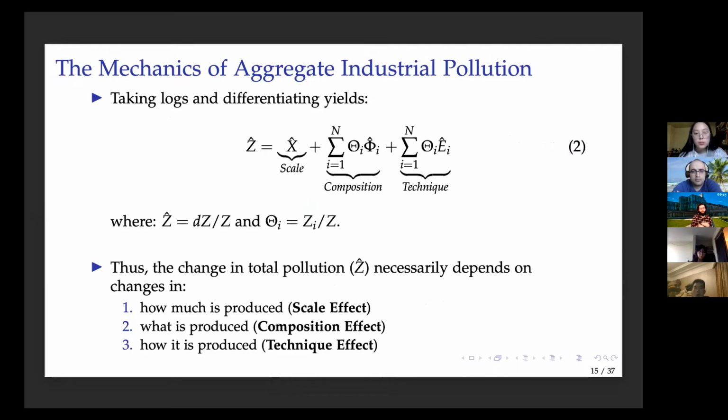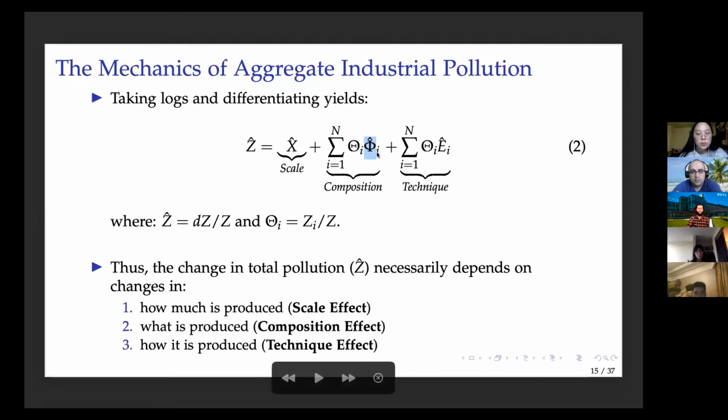If we take logs and totally differentiate that previous equation, we end up with the following relationship, which says that the percentage change in sectoral pollution, which is labeled Z hat, is equal to the percentage change in production activity in that sector, which is what we call the scale, plus the composition effect, which takes each industry's share of air pollution in some base year, and multiplies it by changes in the relative size of that industry.